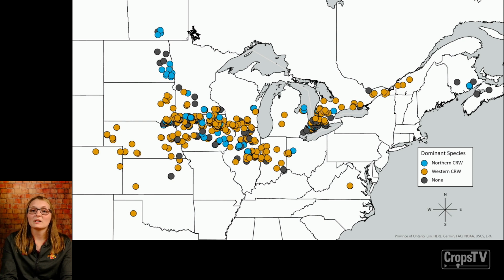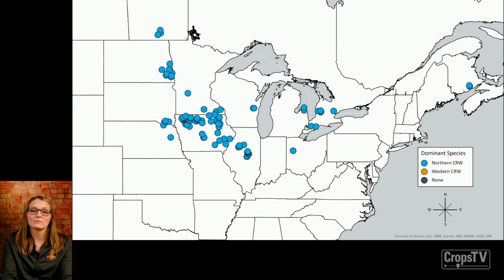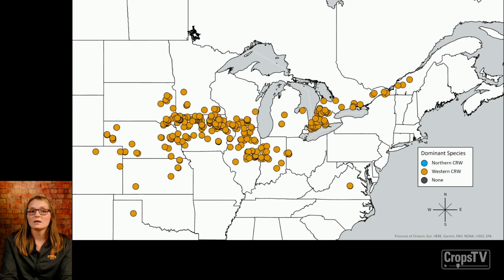Because I think this is kind of hard to see, I wanted to break these out. So this map just shows all of the sites where northern corn rootworm was the dominant species, and this map shows where western corn rootworm was the dominant species during the peak week at each site.